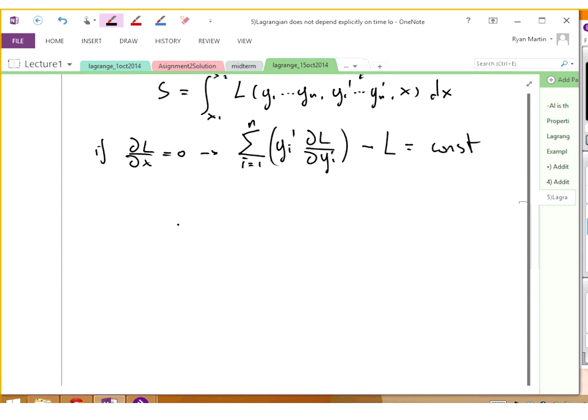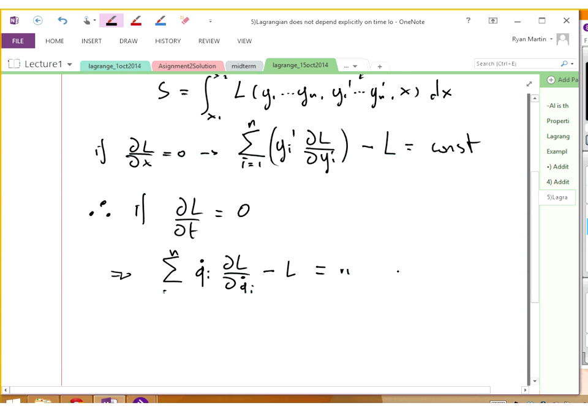So that means that, I'm just going to write the same equation and change the name of the variables, if partial L by partial t equals 0, then the sum from i equals 1 to n of the qi dot multiplied by partial L by partial qi dot, minus L, is equal to a constant. Let's call that constant little h.